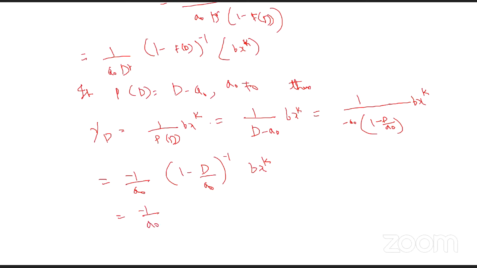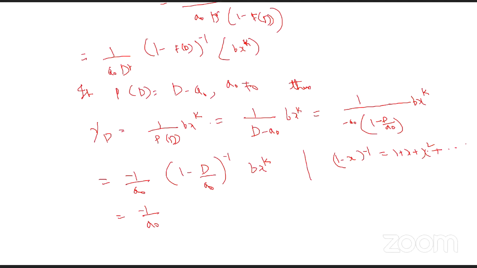So expand this using the binomial theorem. What is the binomial theorem? (1 minus x) whole power minus 1 can be written as 1 plus x plus x square and so on.